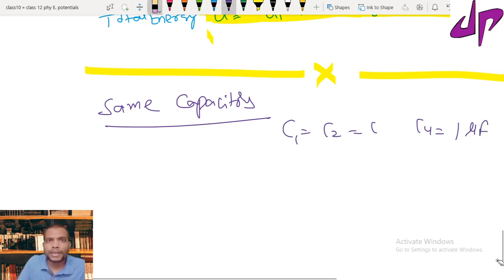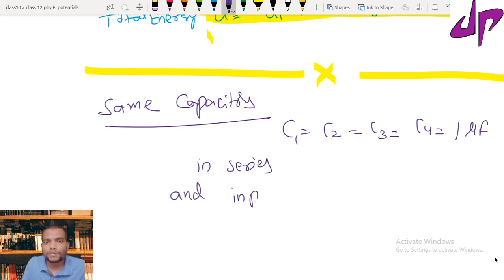When we connect these in series and in parallel, the capacitance in series is not equal to the capacitance in parallel.